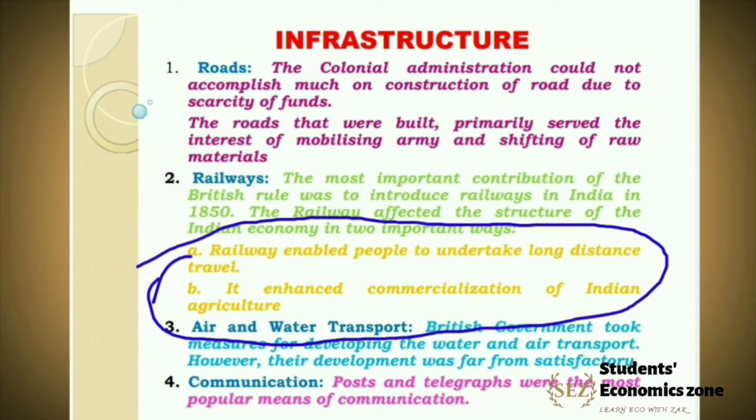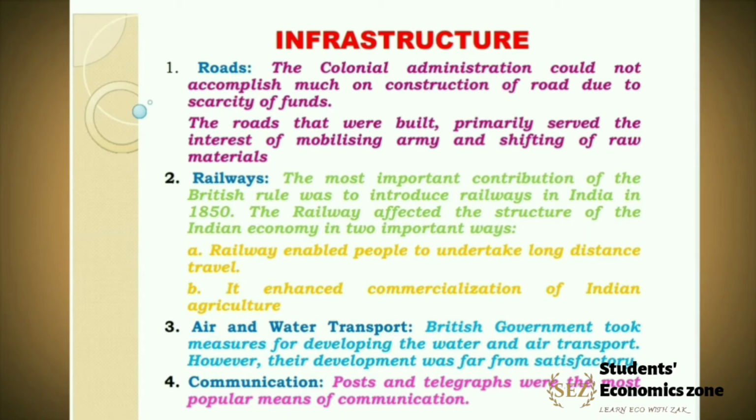We know that in rural areas the condition of transportation facilities was very poor. As a result of the introduction of railways, it extended to rural areas, and what happened?